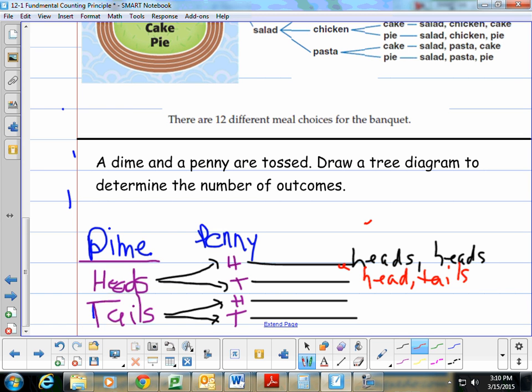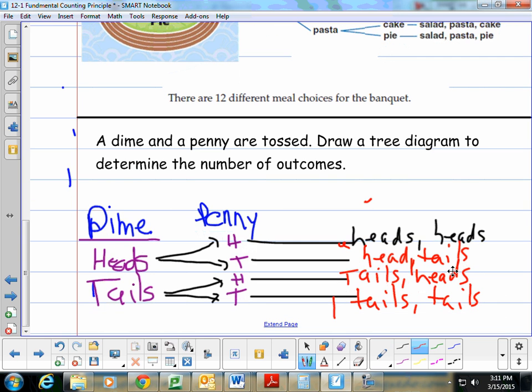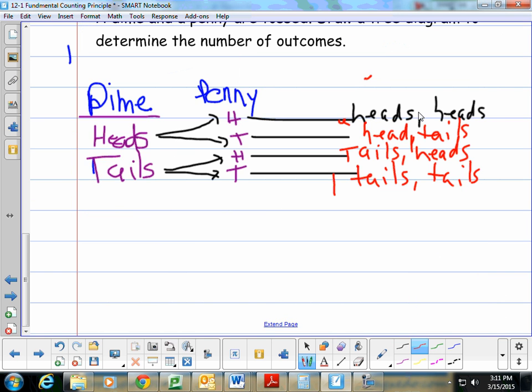Then I could have gotten tails first and then heads. Or I could have tossed a tails on the dime and a tails on the penny. So it's a little bit messy, but what you notice is there's 1, 2, 3, 4 possible different outcomes.